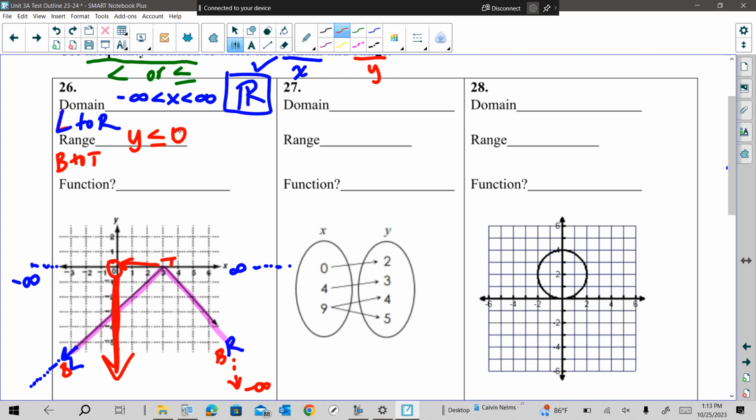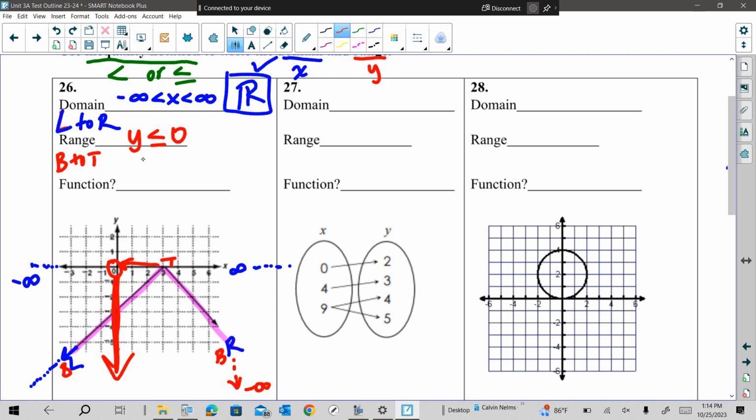If it has an open circle, that's when it's going to be just less than. If I go from least to greatest, then it's always less than. If I start with the smallest number to the biggest number, it's least to greatest, so less than. We just put y, we don't put a negative. You only have to put infinity when it's both.